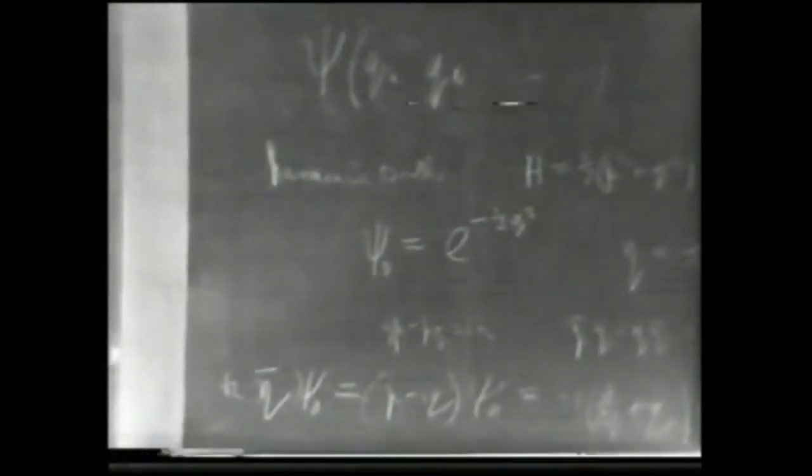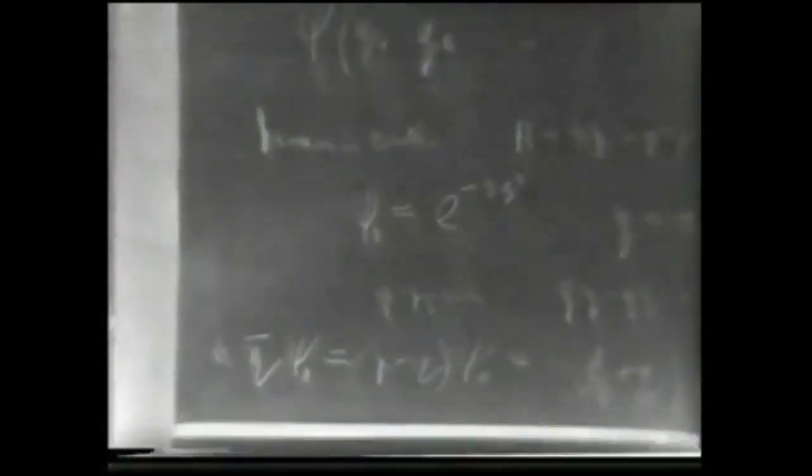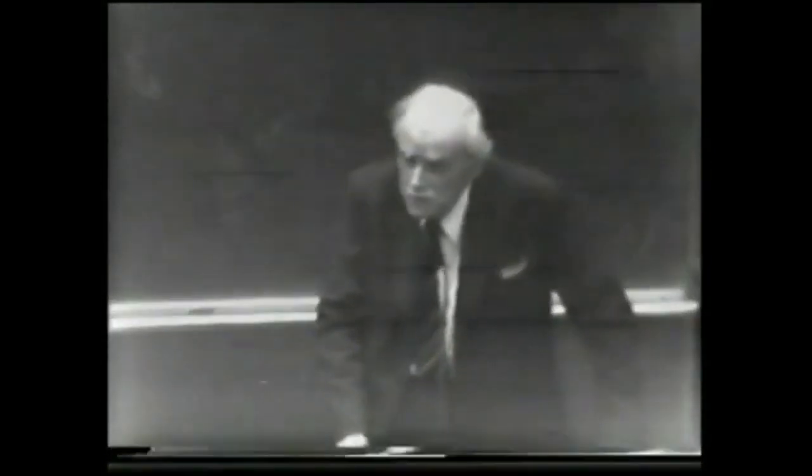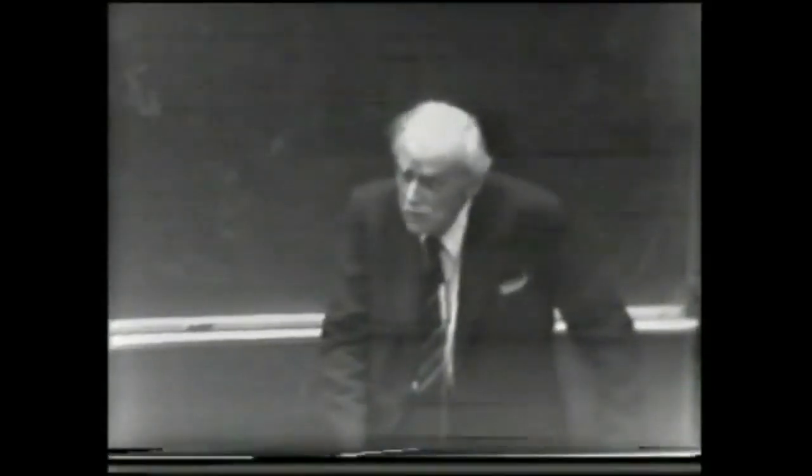Now, I've been talking about an assembly of bosons. One might start off with a wave function for similar particles which is antisymmetrical between them instead of being symmetrical. If psi is initially antisymmetrical, it remains always antisymmetrical. We have now a new possibility referring to a new kind of particle.